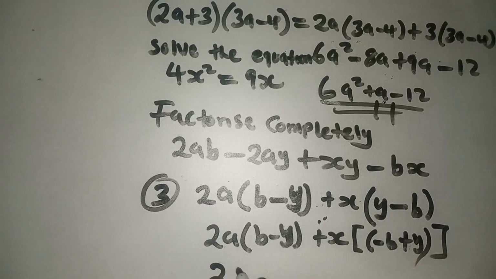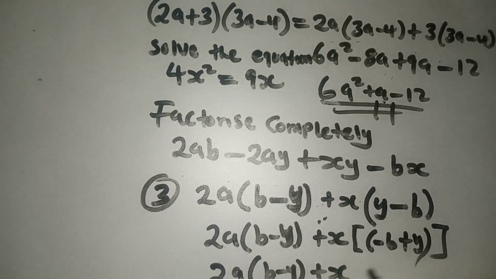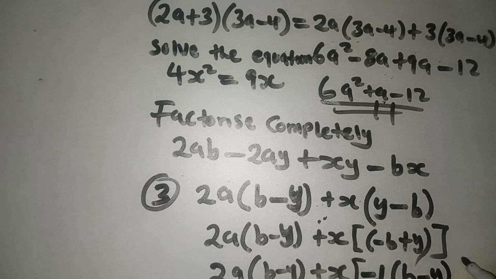Then I bring it down like this: 2a open bracket b minus y close bracket plus x. Then here I can factorize what is inside by negative 1, so that negative 1 into negative b gives me positive b, then negative 1 into positive y gives me negative y, close bracket, so that you can multiply this one to this coefficient here.